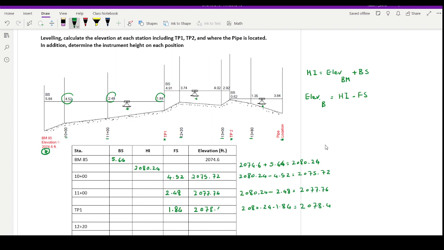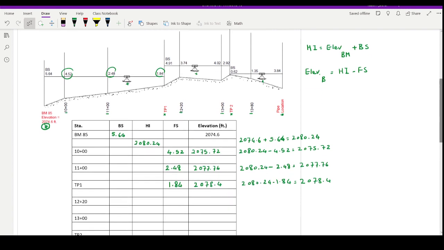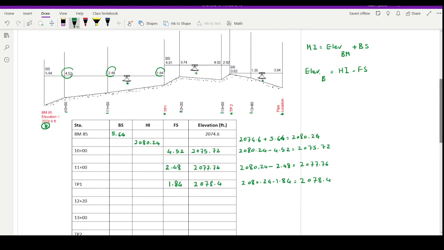Then I have to again find new height of instrument because I relocated my instrument to this new position. Therefore I write it in here, and that's going to be 2078.4, the elevation at this point that I calculated, plus BS.